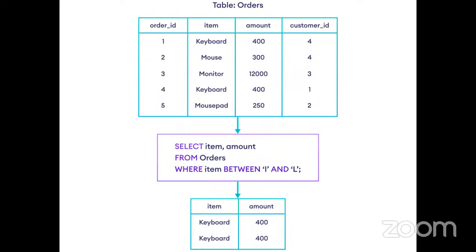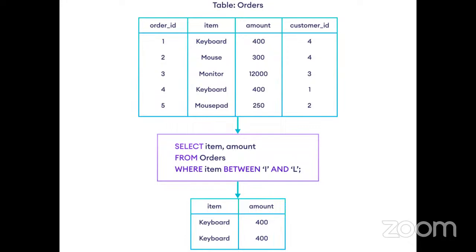Between I, J, K, L, which means anything that starts with a letter J or K will be displayed. And if you look at our items here, it is only K, where we have keyboard, which is displayed.